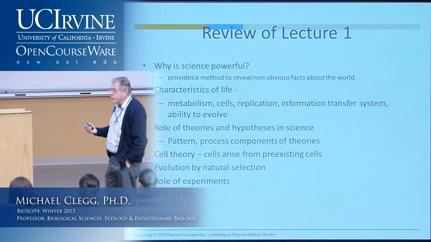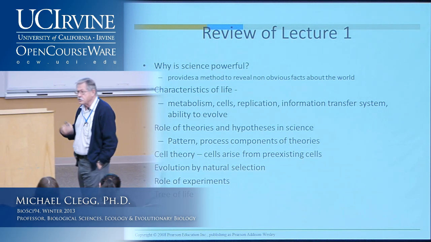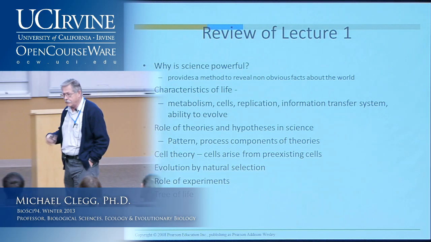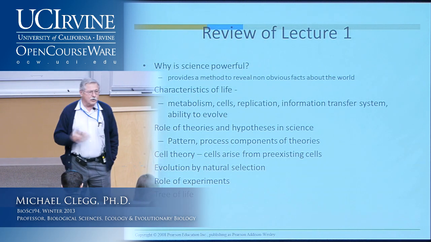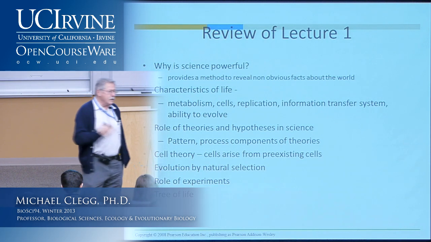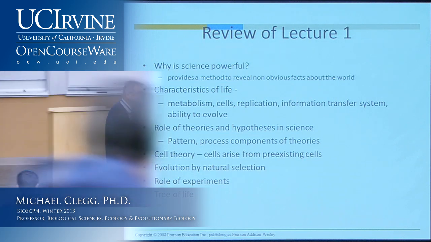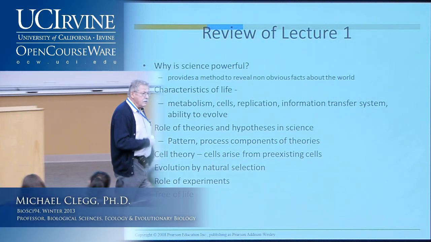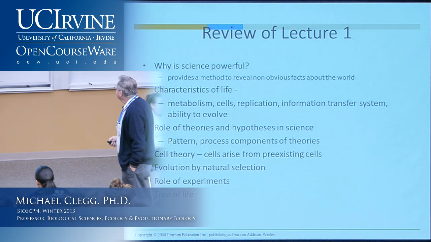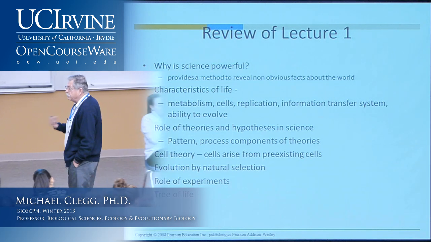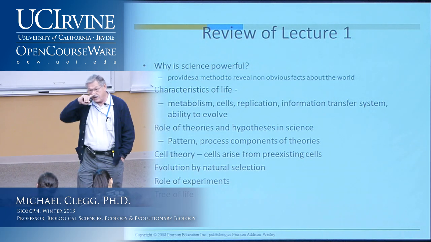There has to be an information transfer system, which is the system of inheritance. And of course, we know that in the biological world that we occupy, DNA is the primary information transfer system. And then there has to be the ability to evolve, because environments change.